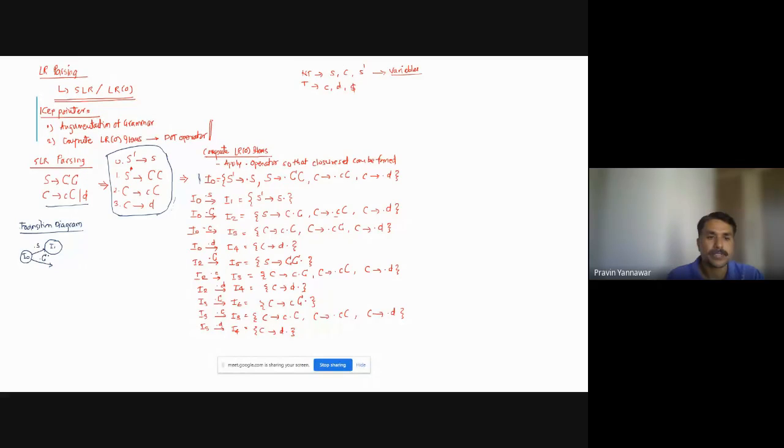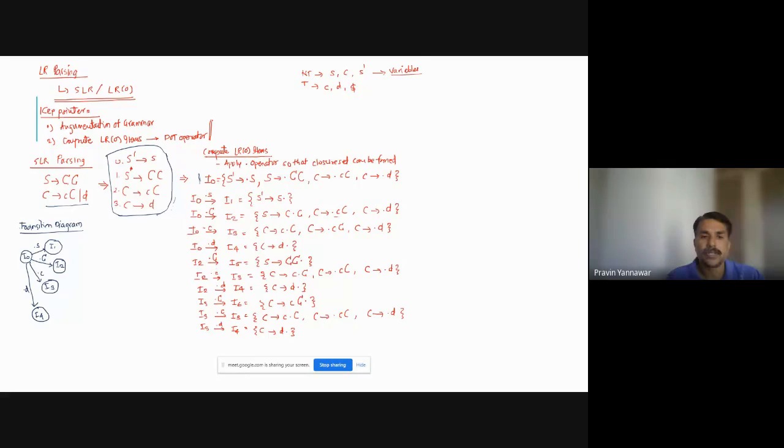I0 with dot capital C will go to I2. I0 with dot small c will go to I3. I0 with dot D will go to I4.